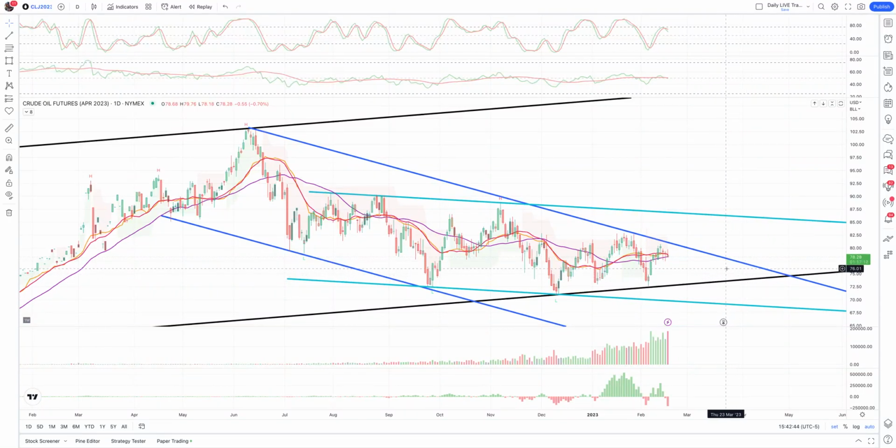Now, I personally like when price tightens because it builds energy. And that energy typically results in a price push in one direction or another. Now, it may coil up in here and pop up, it may coil up in here and break down. I typically don't care which direction it goes in.